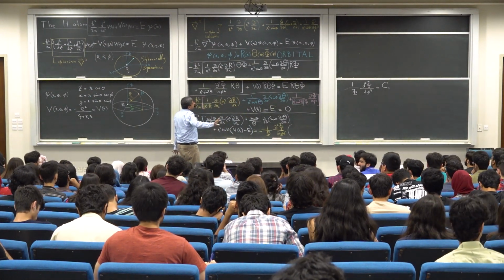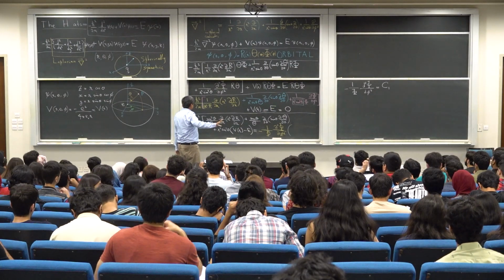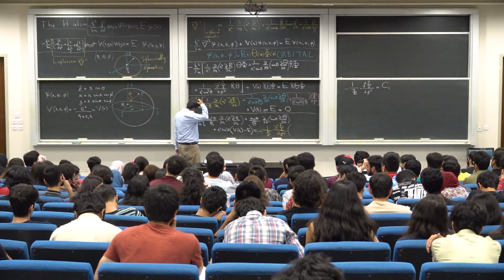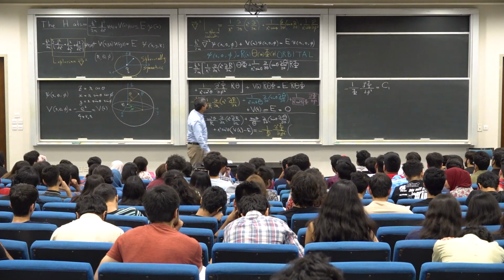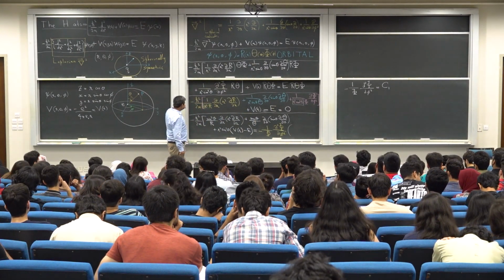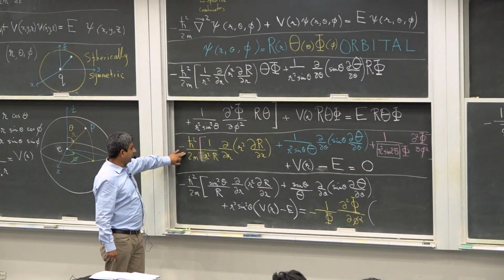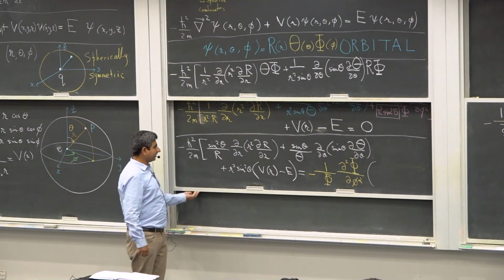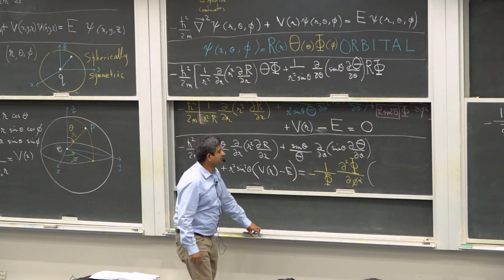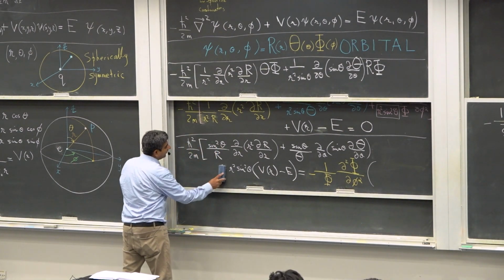Excuse me. I want to get rid of this thing. So what I do is multiply with 2m over h bar square. So I get a 2m over h bar square here.